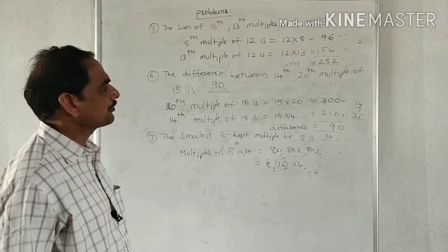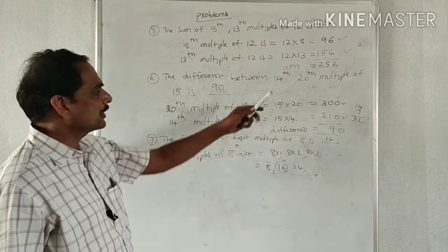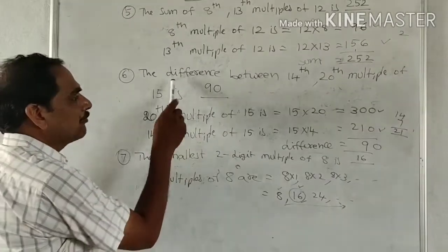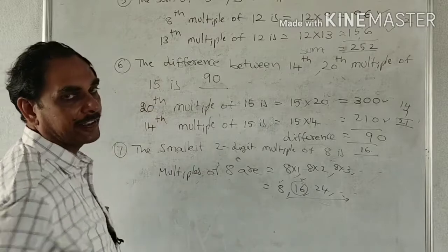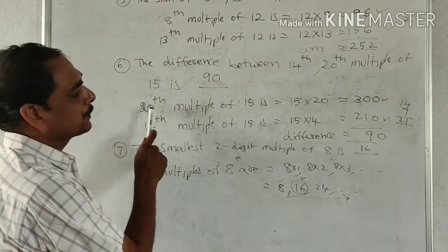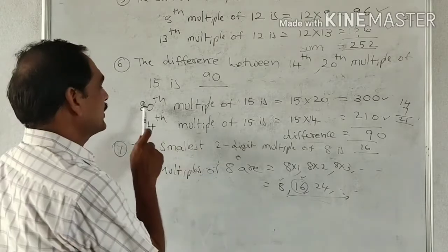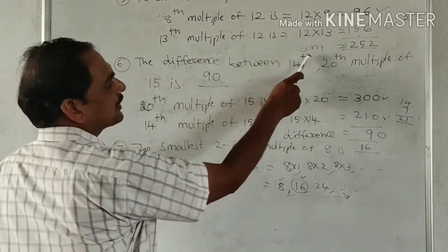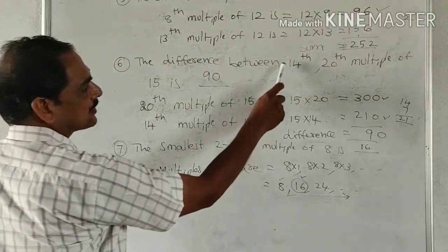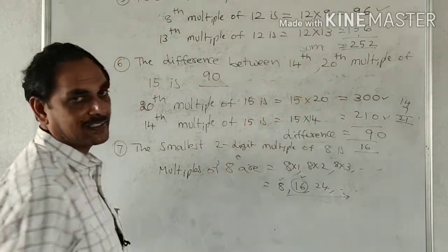The difference between the 14th and 20th multiple of 15 is. So when we are going to find the difference, first we find or write the biggest multiple of that number. So here, from the 14th and 20th multiples of the same number, the 20th multiple is the biggest multiple.